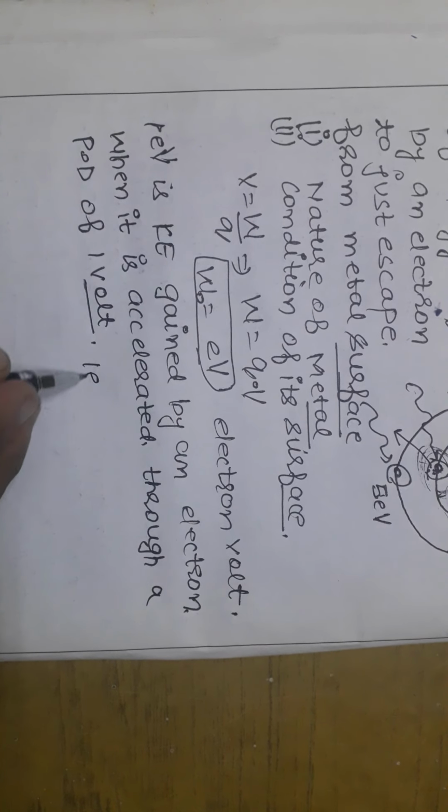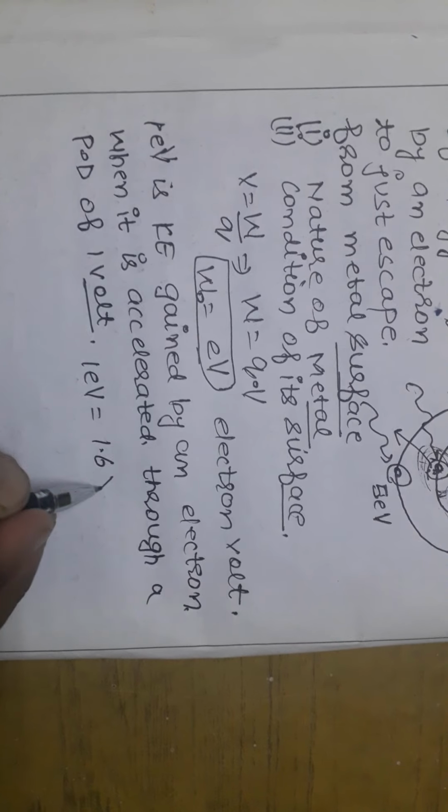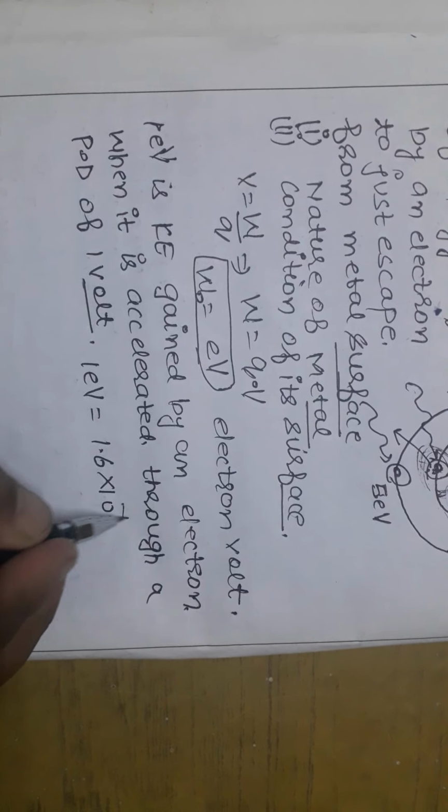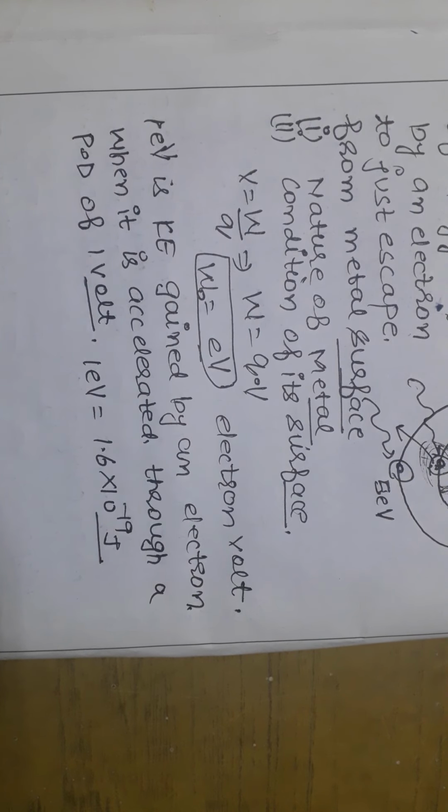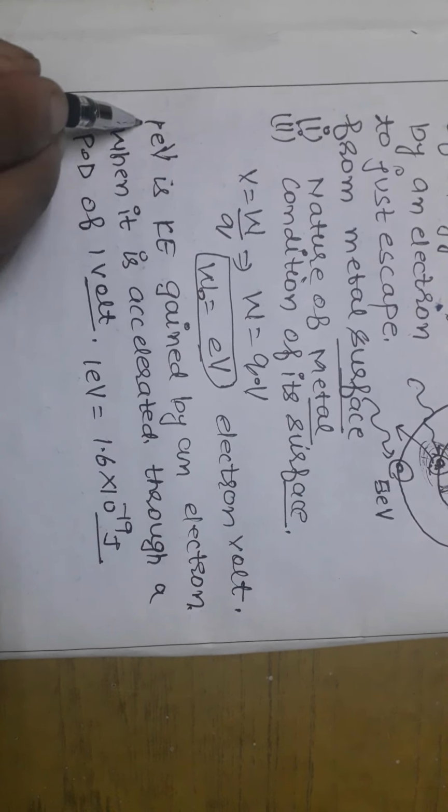And if you want to write 1 electron volt in terms of joule, it will be 1.6 × 10^-19 joule.